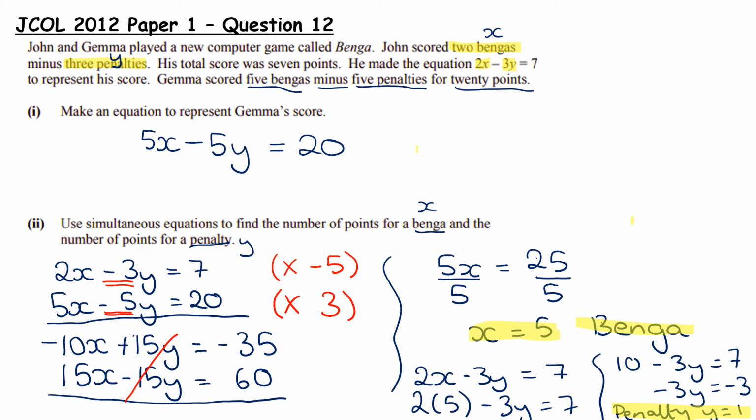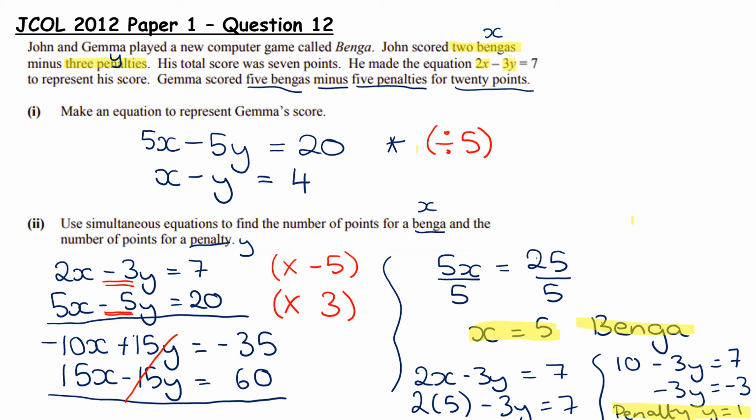And that is, at this point here, you might have noticed that each of our terms has a common factor, and there is a common 5. So what I could have done to simplify this was divide across by 5, and that would have given me x minus y equals 4. Now, am I allowed to do that?